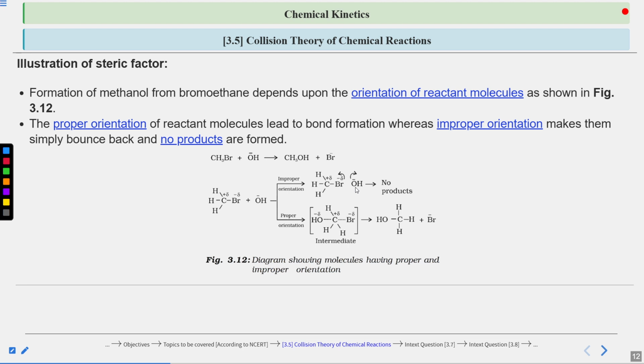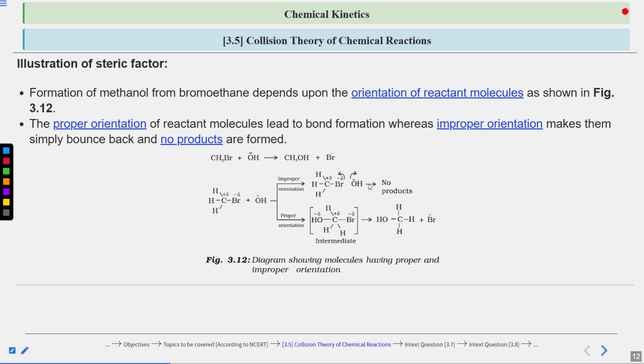They will differ. Like if you are considering the proper orientation, they are properly oriented, and the bond is properly forming or breaking in that particular orientation or direction, right? But if you are orienting the reactant molecules improperly, then they will not react with each other. They will bounce back from each other, and no product is going to be obtained because they are not reacting with each other.